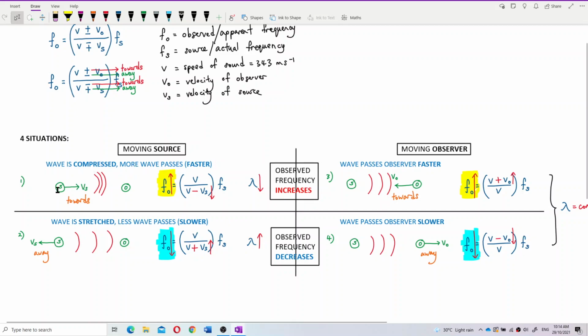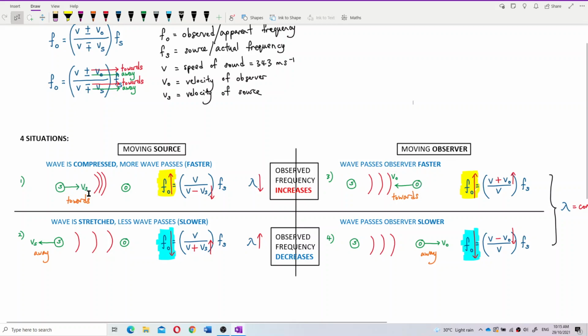Okay, listen carefully. When the source is moving towards the observer, or the observer is moving towards the source, in both situations, more waves will pass through the observer faster.